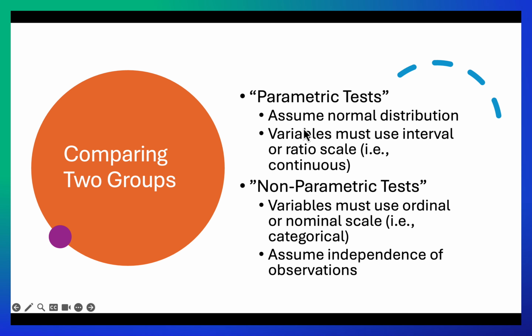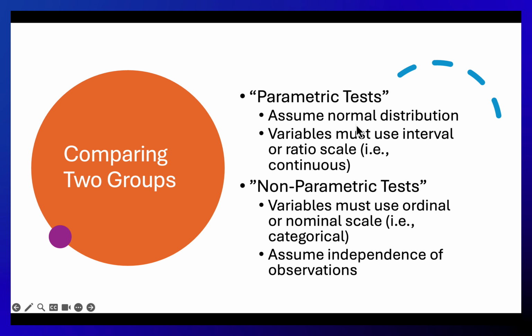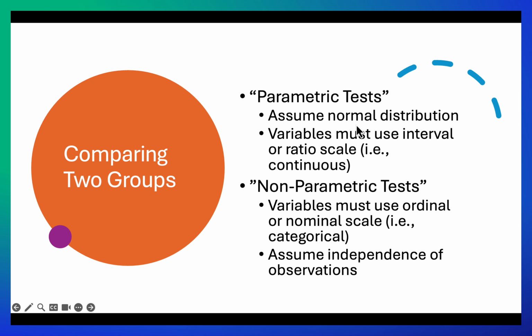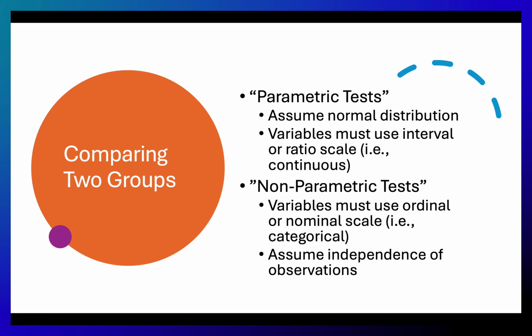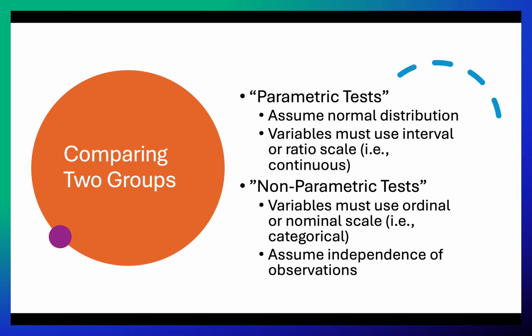What's important is that these tests, including in this presentation t-tests, have a couple of assumptions that you need to understand. First of all, they assume that the underlying data, the variables that you're looking at, are normally distributed, right? In that sort of nice normal curve.